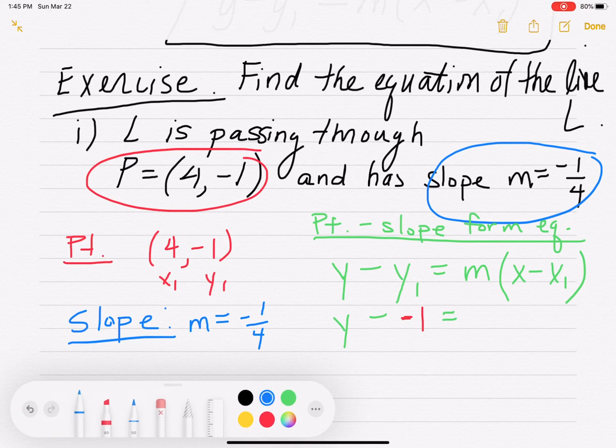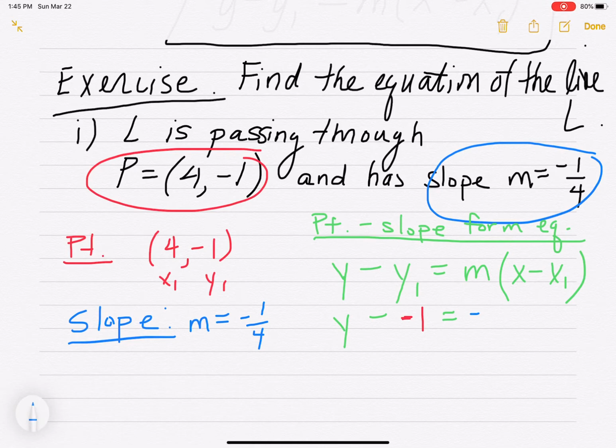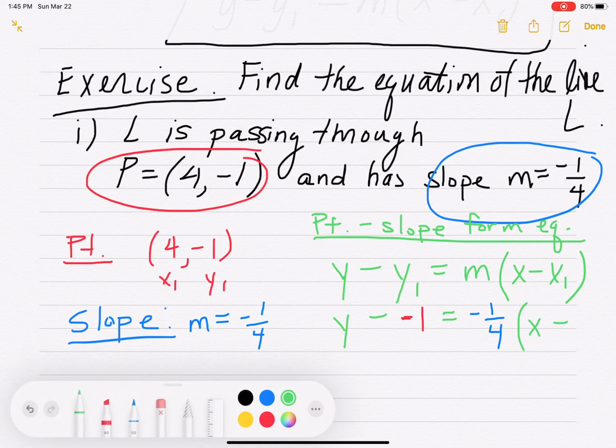In place of the m right here, we're going to put -1/4. Then we have a parentheses, x minus, and then x1, we're going to put a 4. Put a 4 for x1.